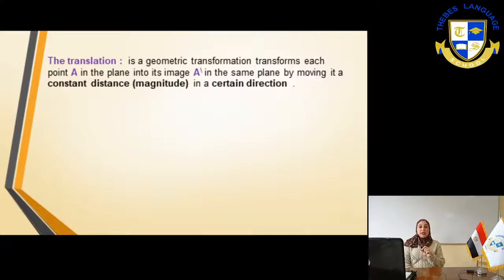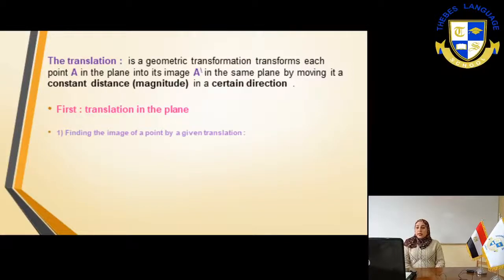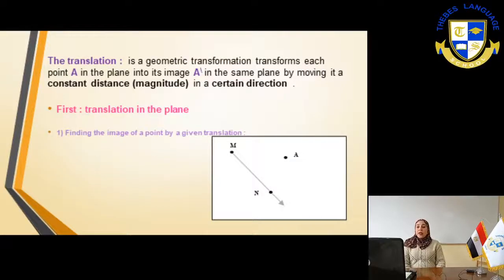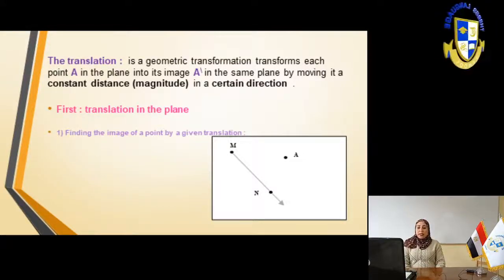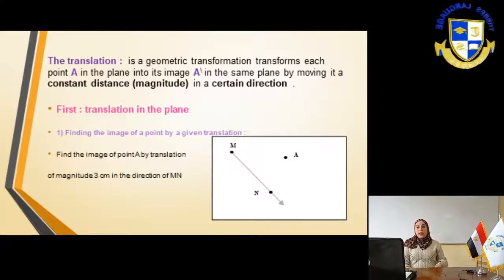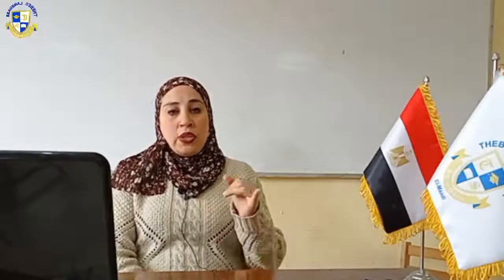For example, find the image of point A by a translation of magnitude 3 centimeters in the direction MN. The word magnitude means the constant distance, the distance of the transformation. So I now know the constant distance and the direction.